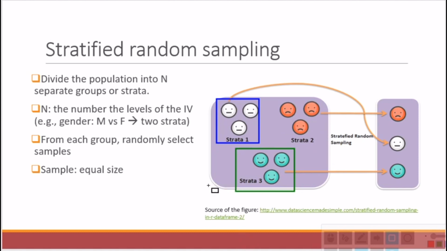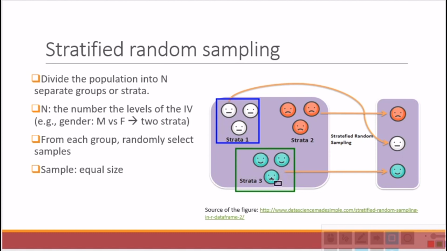What happens is all people in this stratum are all males or females. Similarly, in this stratum, people should have the same feature. They are either all males or all females.